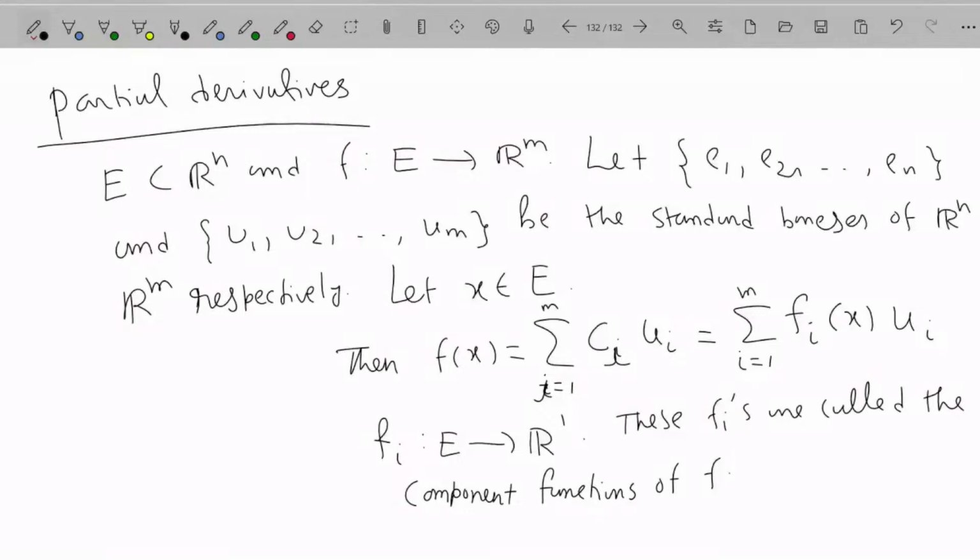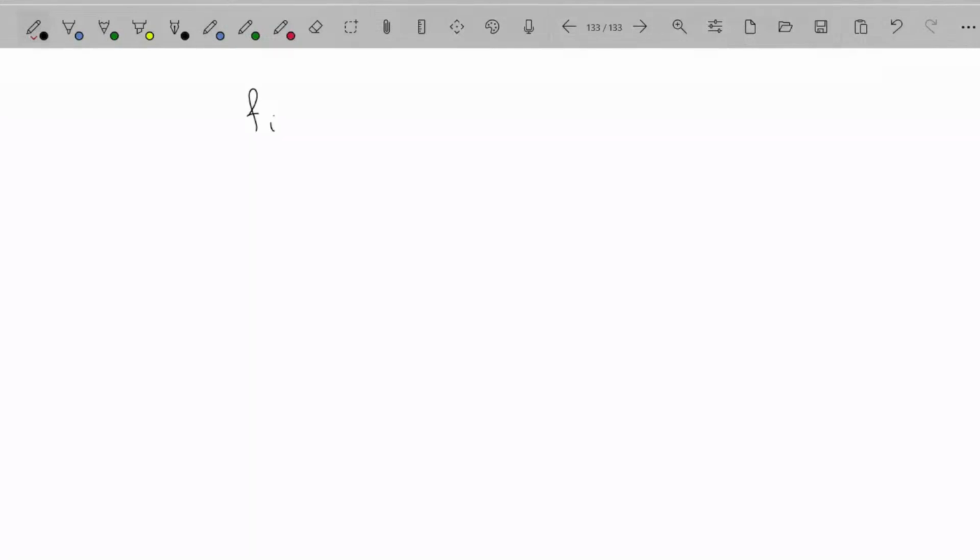So how to extract them? There is another way to define fi, not that way. Instead of finding ci, fi from E to R is defined as fi of x equals f of x dot product with ui, correct?